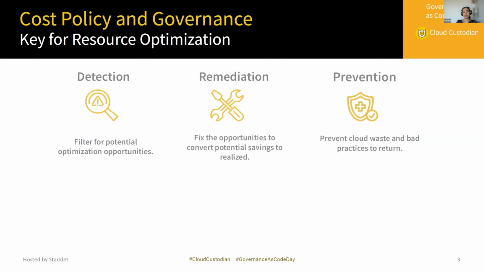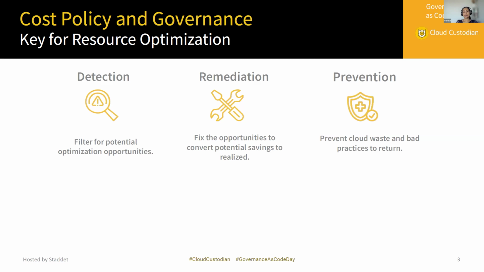That's where remediation and prevention come into play. Using Cloud Custodian, we can set up rules where we detect all these kinds of unused or underutilized resources, and then decide what remediation process to follow. Do we want to send out an email, or delete these resources after a certain time frame?